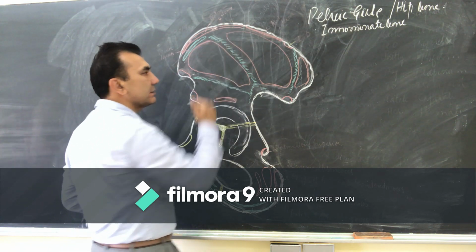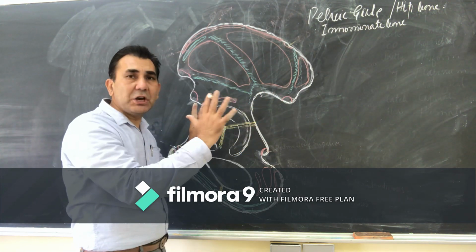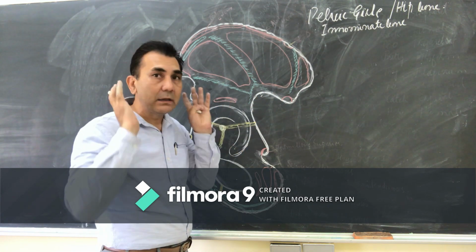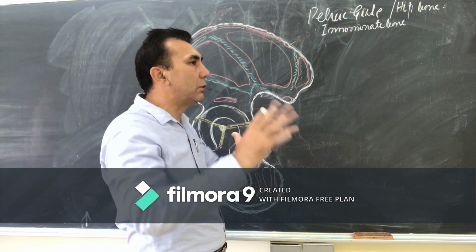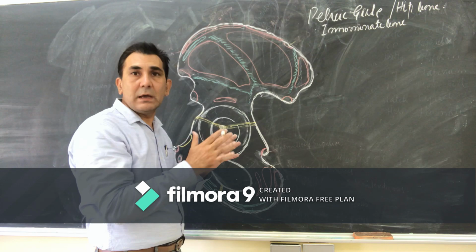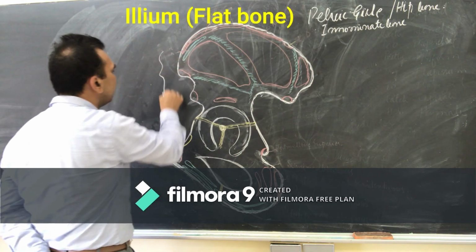The upper portion, which is flat in structure, I told you looks like the ears of an elephant. This total portion is called the ilium.